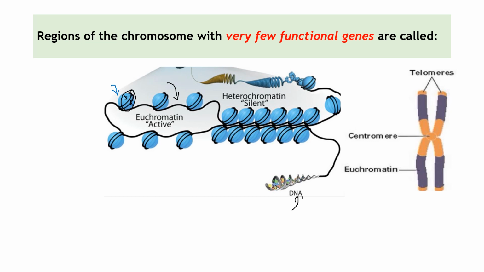And I want you to compare right now the euchromatin and the heterochromatin. Here it says that the heterochromatin is silent, while the euchromatin is active. So why do you think that one is active and the other one is silent? I'm sure that you saw the space.